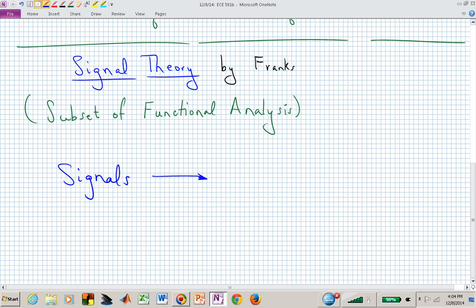And Franks is coming from a communications perspective, and there he might be interested in how do we communicate with signals and how do we transmit information with signals. But we are thinking of these signals in this context of carrying information. How do they carry information?